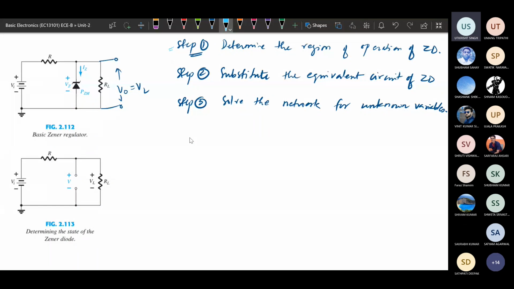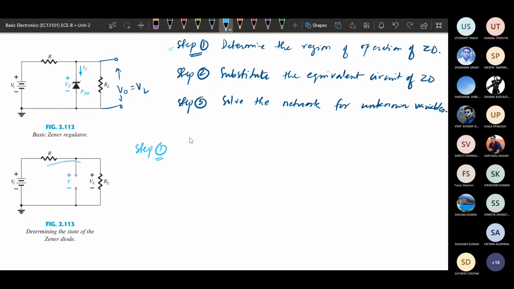So the first step is to find the region of operation of the diode. We have placed a voltage across this diode and made it an open circuit, so we need to find this voltage. Since it is open, there will be no current flowing through the diode, so the total current will flow in this circuit in this way.